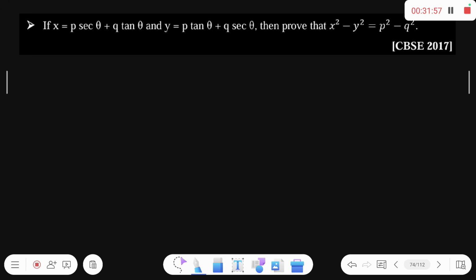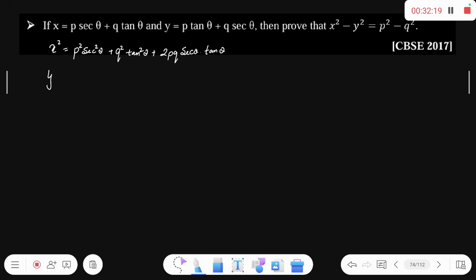Next, x is equal to p sec theta plus q tan theta, y is equal to p tan theta plus q sec theta. Now squaring, x square is equal to p square sec square theta plus q square tan square theta plus 2pq sec theta into tan theta.